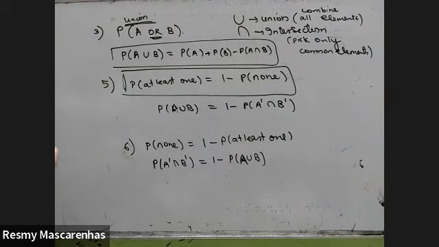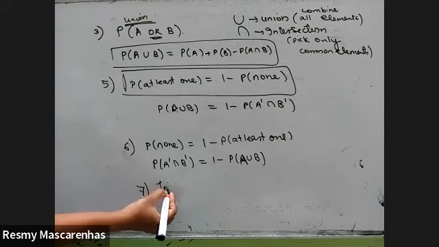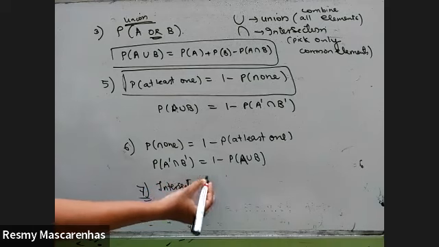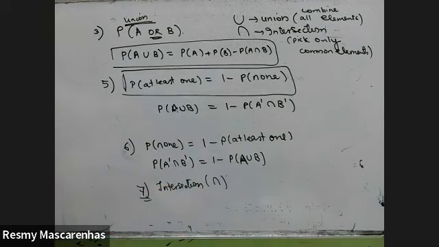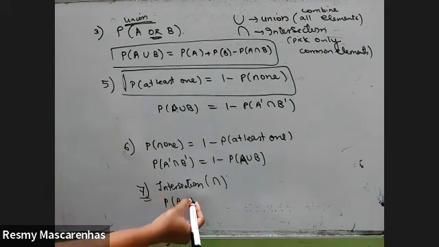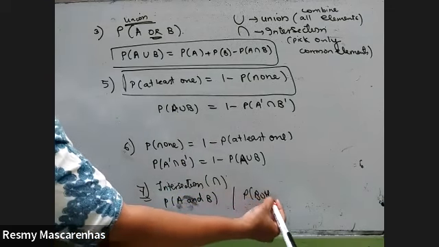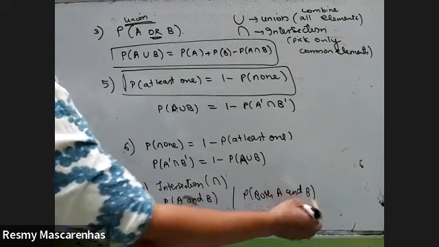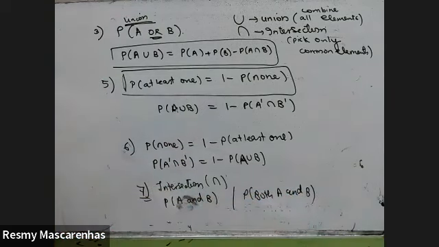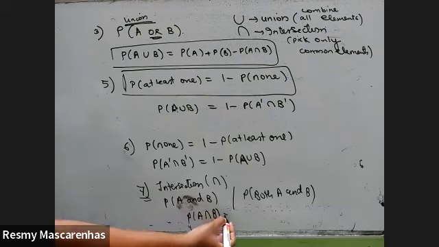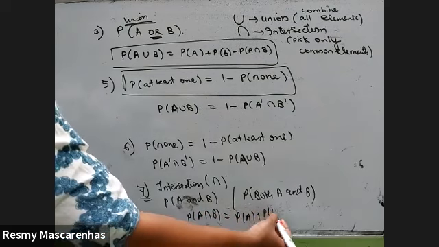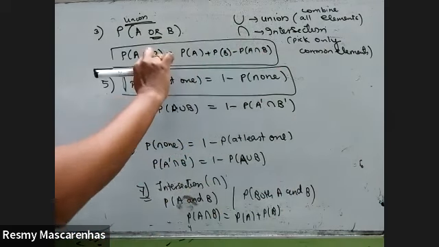Then next one, intersection. Means probability of, they also say A and B. And it also means the same, both A and B. The moment the word and is there, it means intersection. Same like this one. If intersection is this side, union will be here.